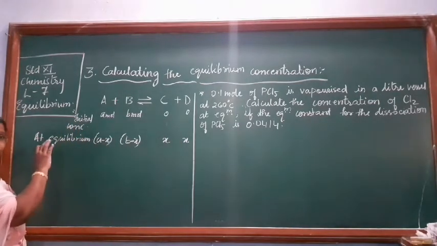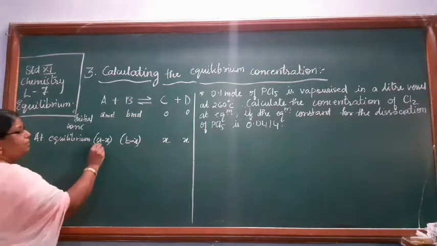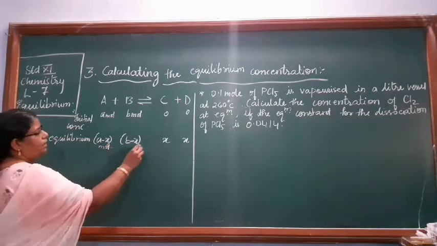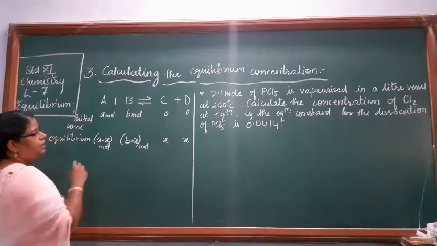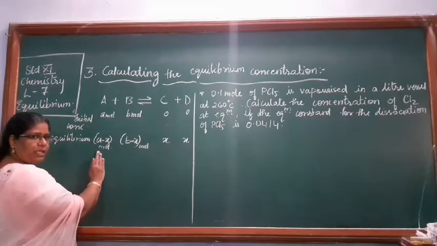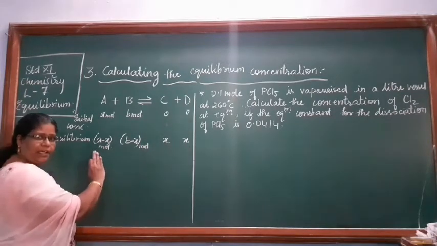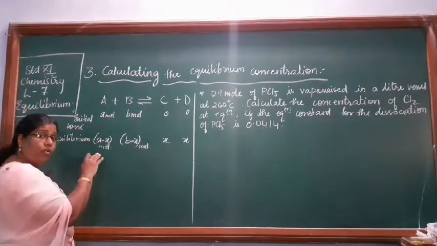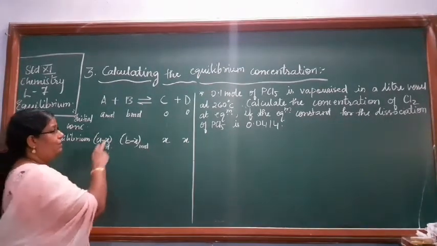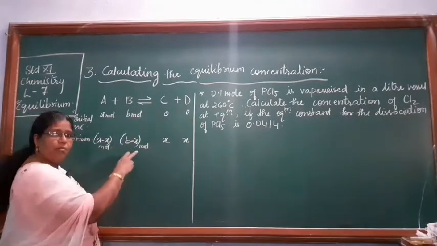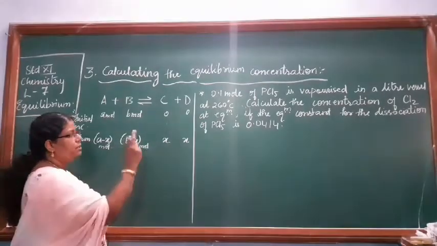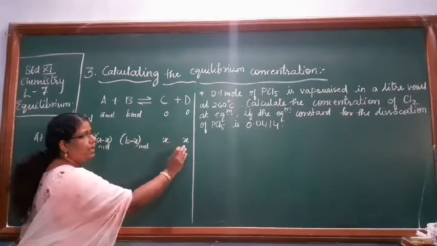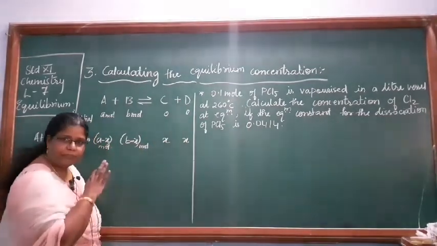This is the concentration at equilibrium. Here we have taken moles. Of A, x is dissociated, meaning A minus x mole of A is remaining at equilibrium, B minus x mole of B is remaining at equilibrium, x mole of C is formed and x mole of D is formed.